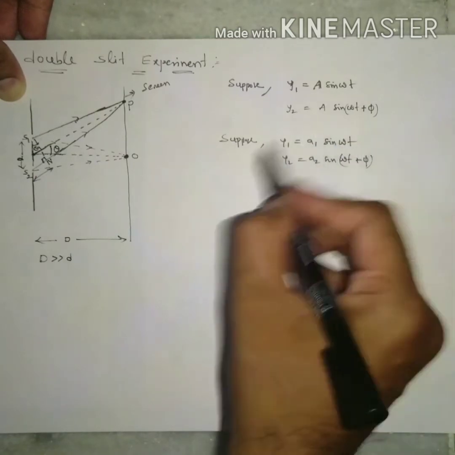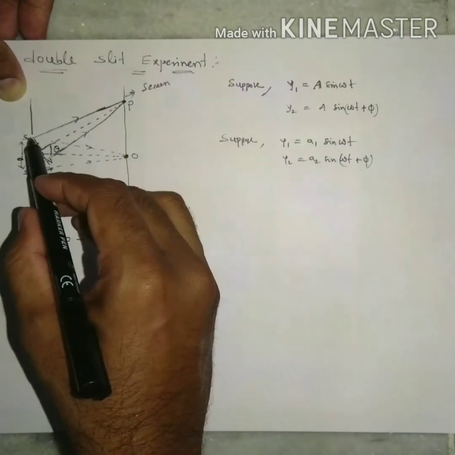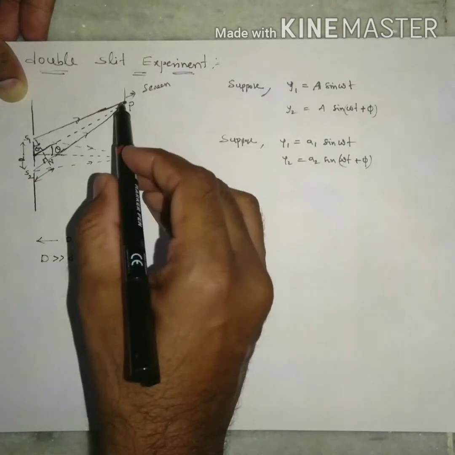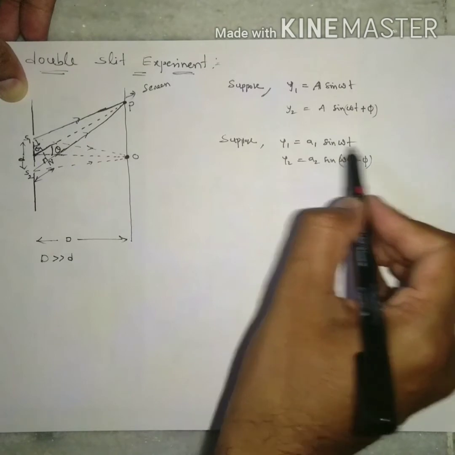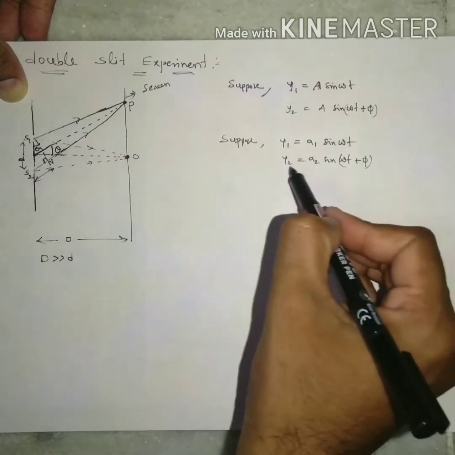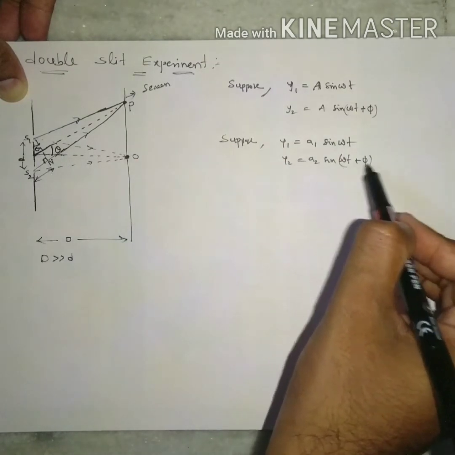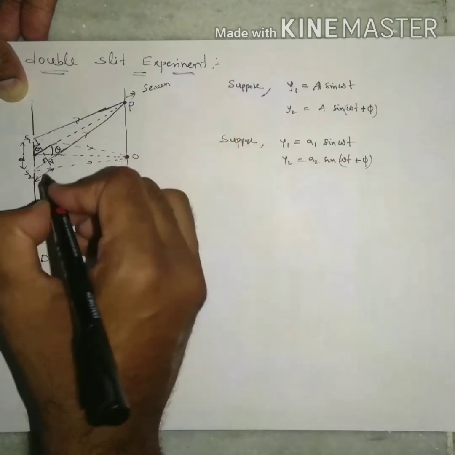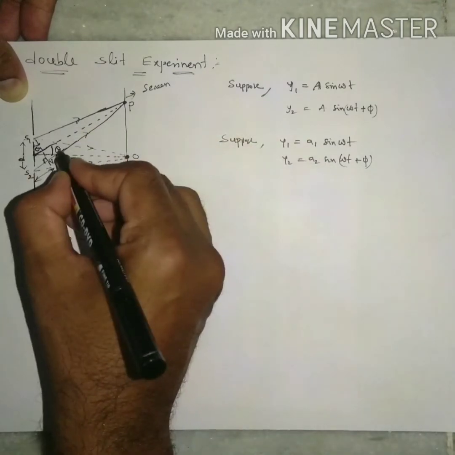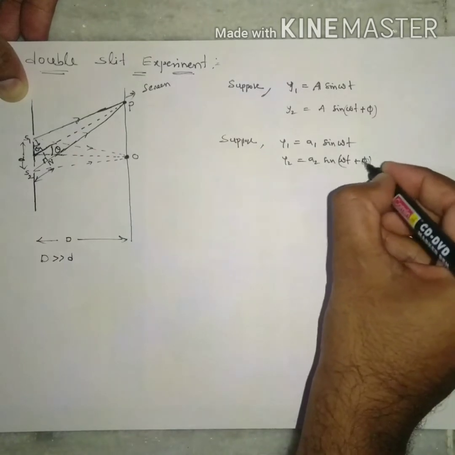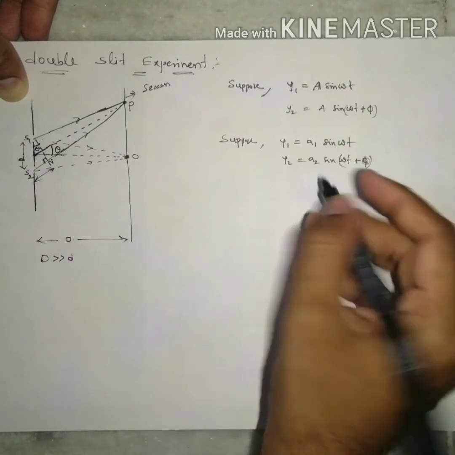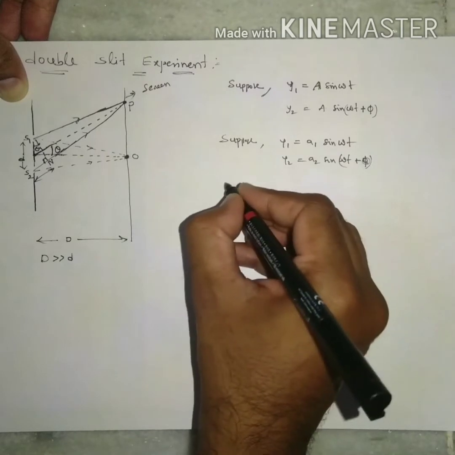Suppose we take two waves: the light from S1 is y1 equals a sine omega t, and from S2 is y2 equals a sine (omega t plus phi), where phi is the phase difference, whether it is phi or theta. And according to the superposition principle, what is the superposition principle?